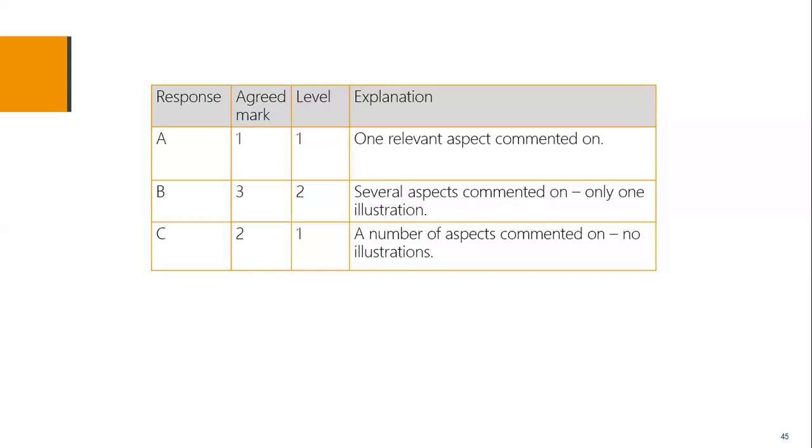And yes, to gain full marks, they do need to address all the aspects, but the key thing is using their knowledge but applying it to the unfamiliar situation of the information that they've been given.